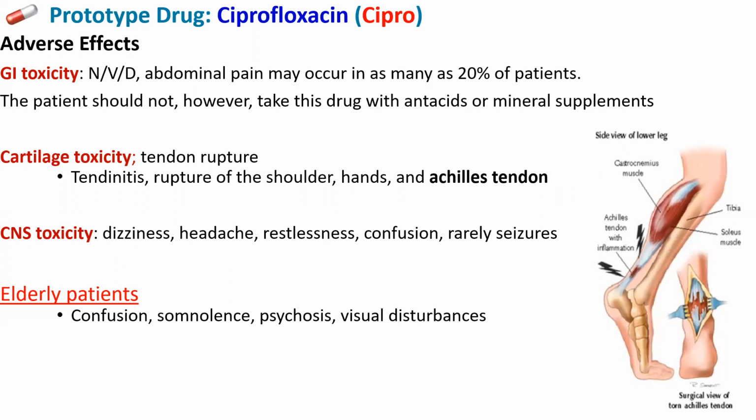So avoid prescribing this drug in patients younger than 18 years old because of that possible cartilage toxicity. The GI toxicity: nausea, vomiting, diarrhea, or abdominal pain.